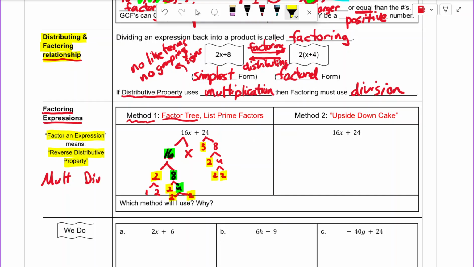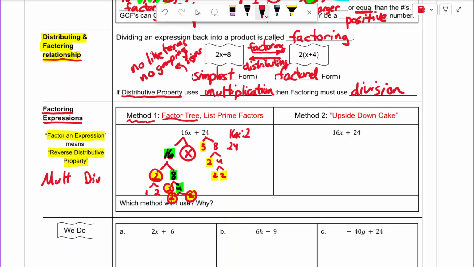So now we have our listings of the prime numbers from the factor tree. So then what you do is you list them. So 16x and 24. 16x is 2 times 2 times 2 times 2 times that x.